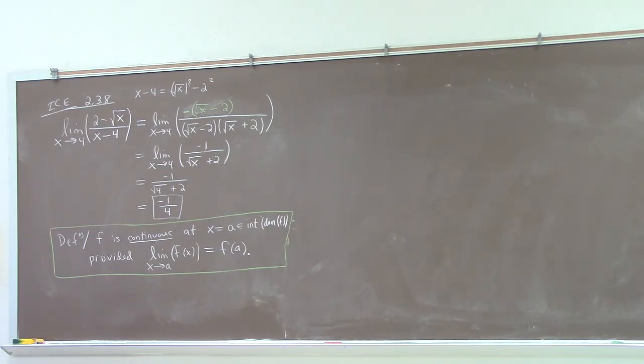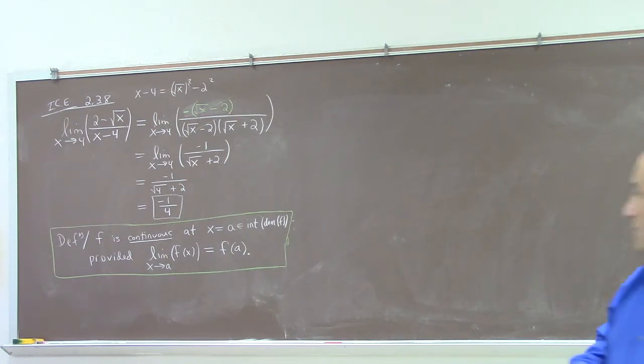So just to give you a counterexample, the square root. Every positive number is in the interior of the domain, but 0 is not in the interior of the domain of square root. So I wouldn't discuss continuity of the square root function at 0 using an interior point. That's a boundary point.